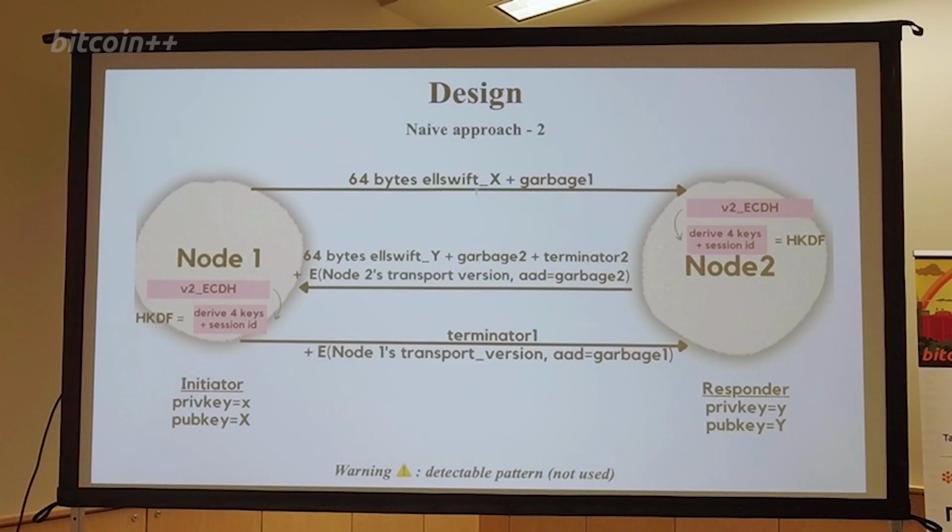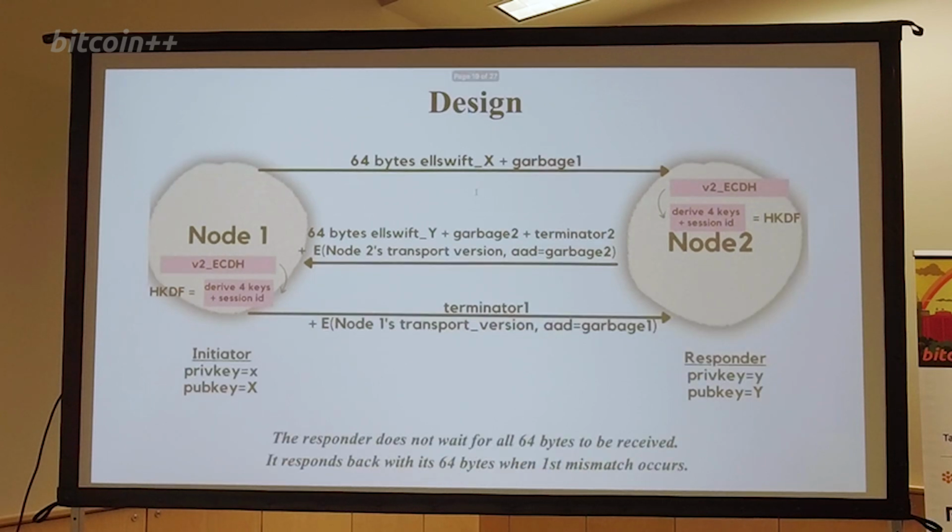So you're always sending greater than or equal to 64 bytes, and the response comes back only after greater than or equal to 64 bytes. The best case scenario would be that you don't even need to wait for 64 bytes. When you send bytes, the response should be received back immediately. You shouldn't need to wait for 64 bytes to be sent from node 1 to node 2 for the response from node 2 to come back. So that's the design we use.